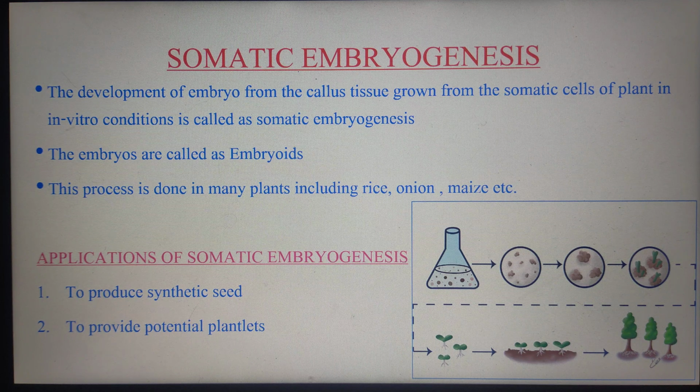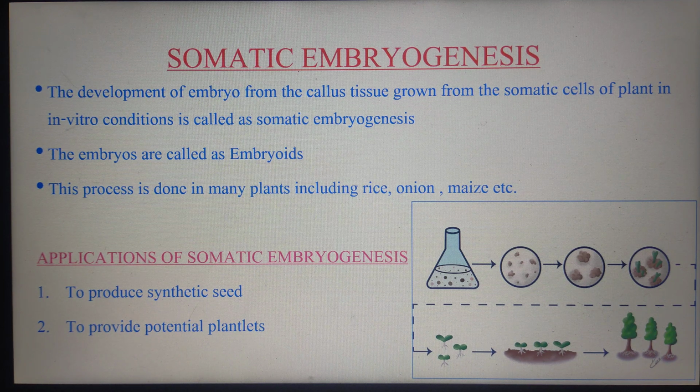Whereas body cells are nothing but the somatic cells or autosomes. Here, what does the term somatic embryogenesis mean? Producing the embryo from the body cells. That is what the definition goes like, right?